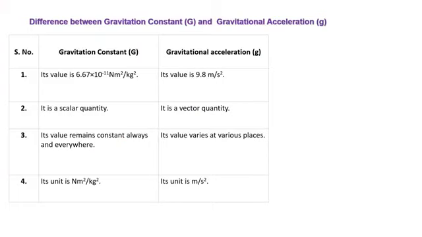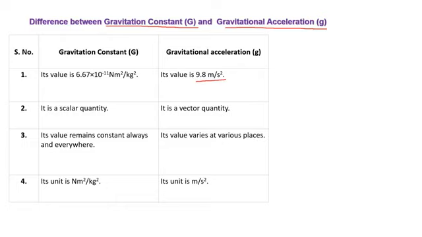Now let's see the difference between the gravitational constant G and the gravitational acceleration small g. The value of capital G, as we know, is 6.67 times 10 to the power minus 11, and the unit is newton meter square per kg square. Here the acceleration due to gravity value is 9.8 meter per second square.